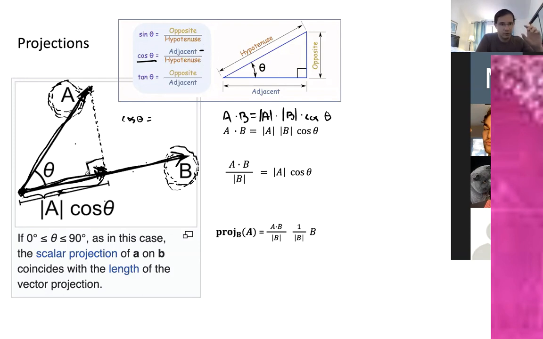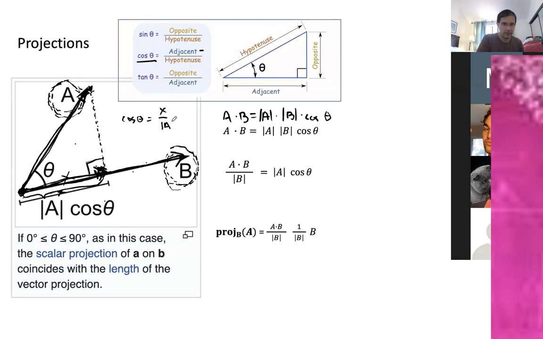What would be the adjacent in this example? If I call this x, the adjacent would be exactly x. So this would be the adjacent divided by the hypotenuse, which would be this length, which is the length of A.